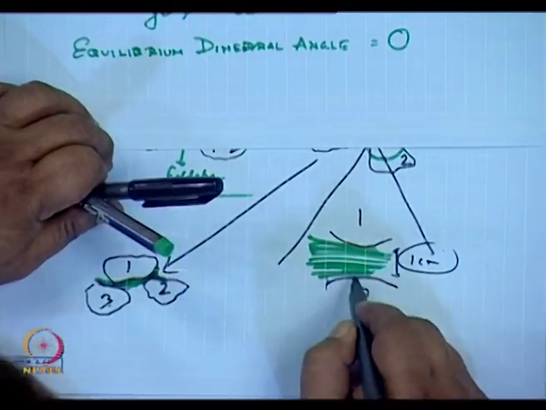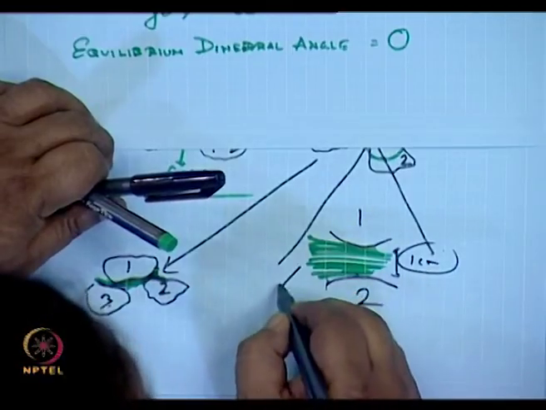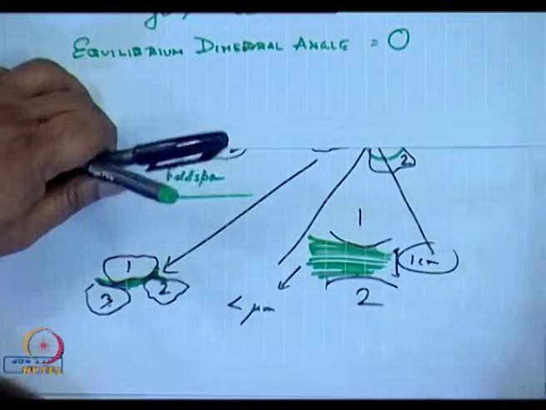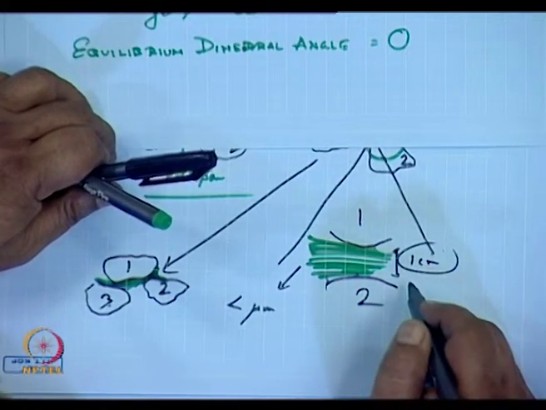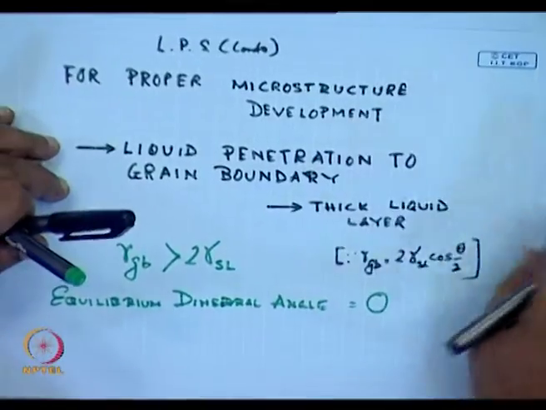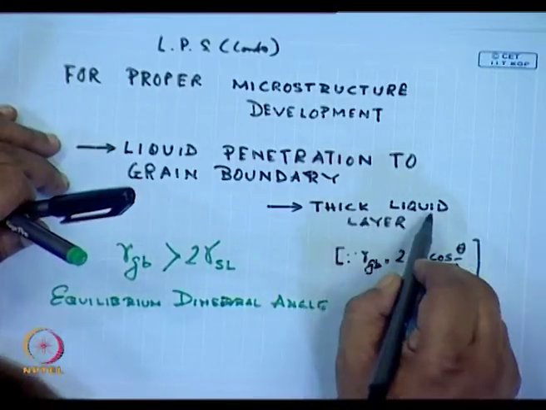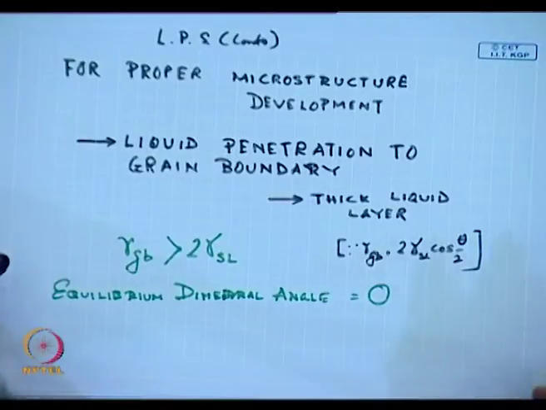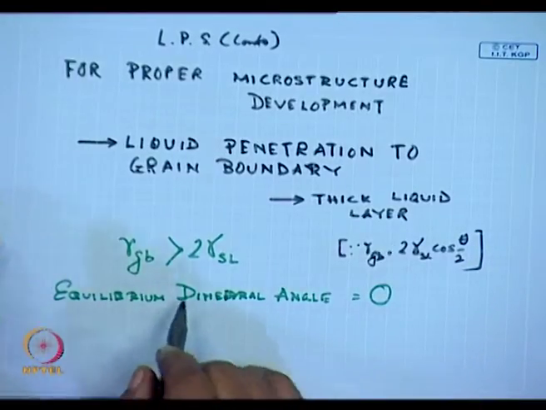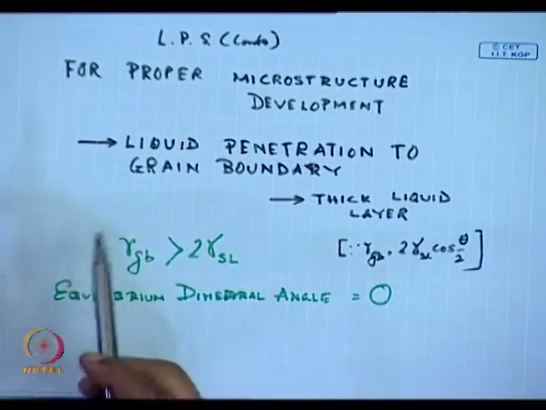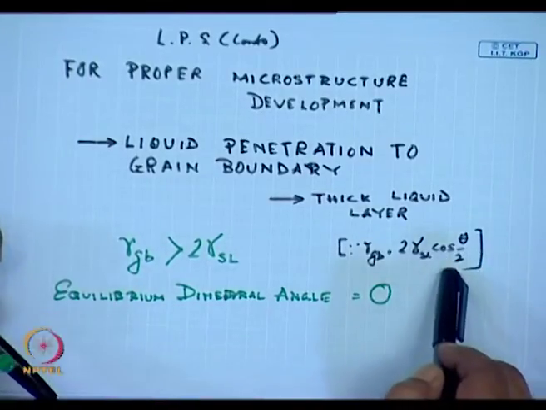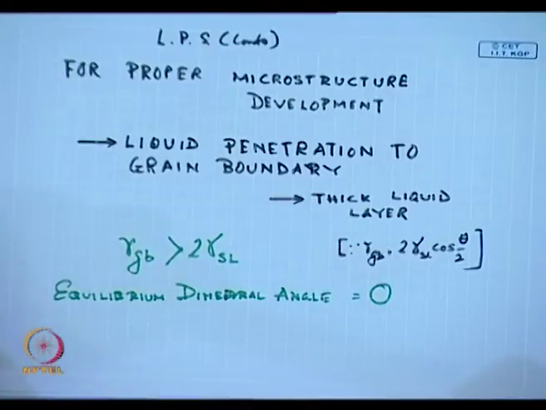Sorry, in real life this is less than a micrometer. It is only that I have drawn it to a large scale. So this micrometer thick liquid layer is formed, and for this the grain boundary energy is twice gamma SL, which I can get from over here, as the equilibrium dihedral angle is 0.